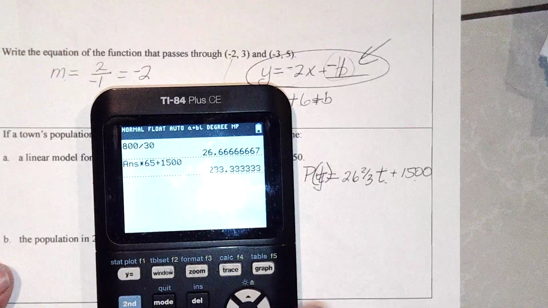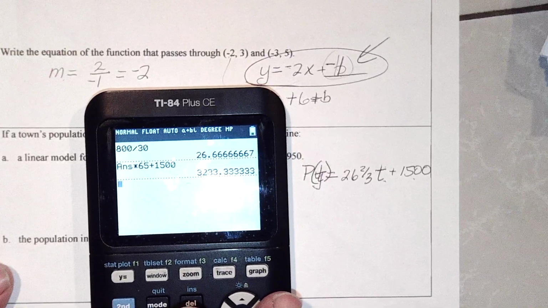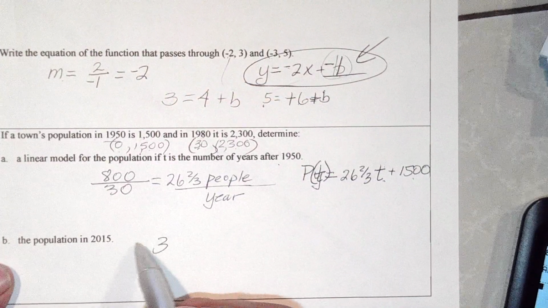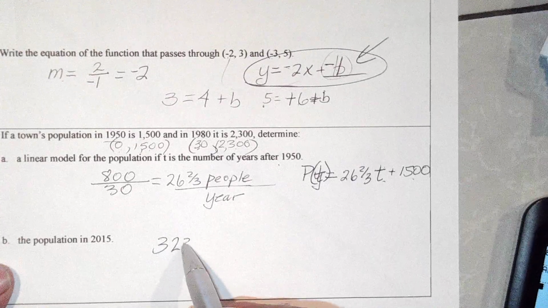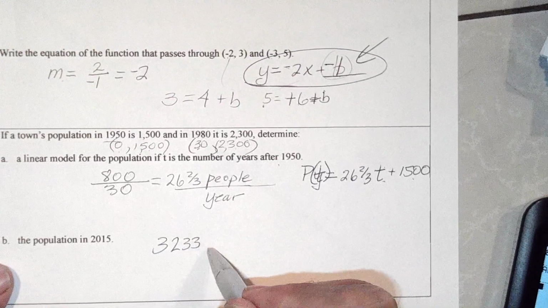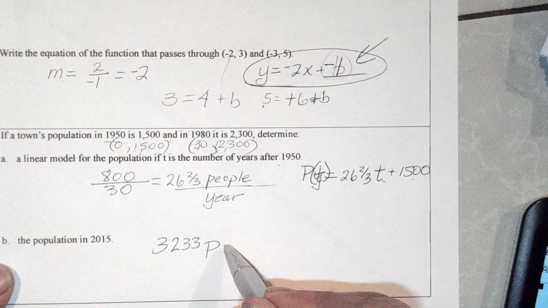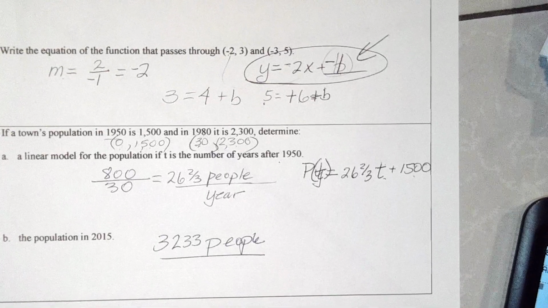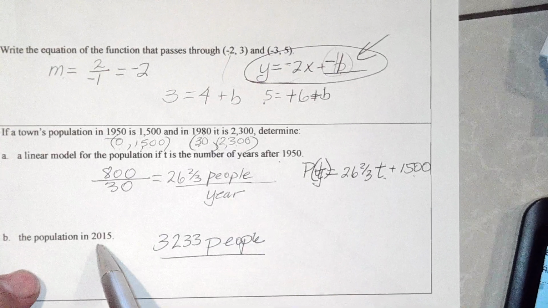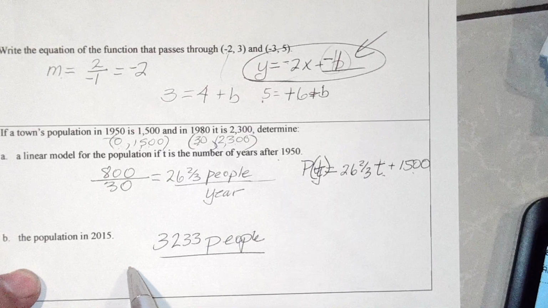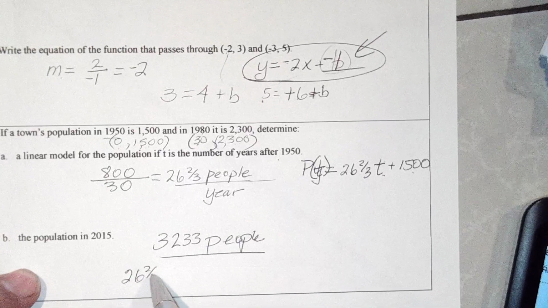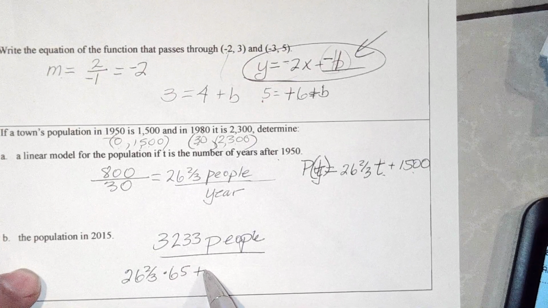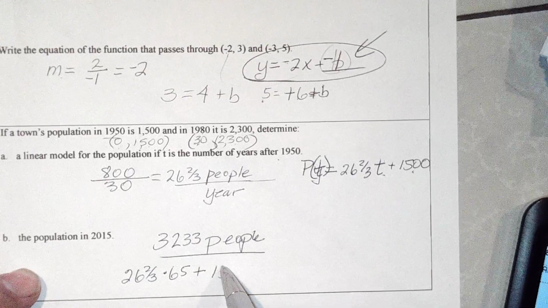And it says the population would grow to 3,233 and a third people, but we'll round up. That's the predicted population in 2015. We got that by doing 26 and 2/3 times 65 years later plus the starting amount of 1,500 people.